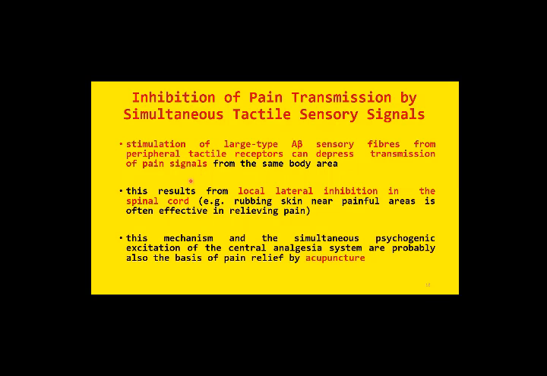And this is the concept behind the phenomenon of acupuncture. You all know what acupuncture is, in which needle therapy is done and you are stimulating tactile receptors for suppression or inhibition of pain sensation.